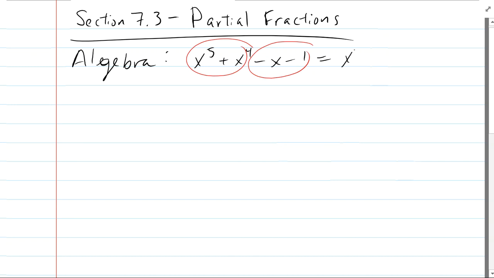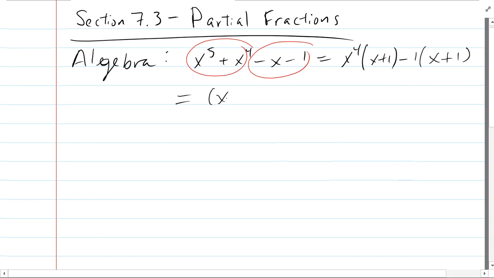So this would be x to the fourth times x plus 1, minus 1 times x plus 1. That ends up being x plus 1 times x to the fourth minus 1. But we can factor that, x to the fourth minus 1. So we have x plus 1 times x squared minus 1 times x squared plus 1.